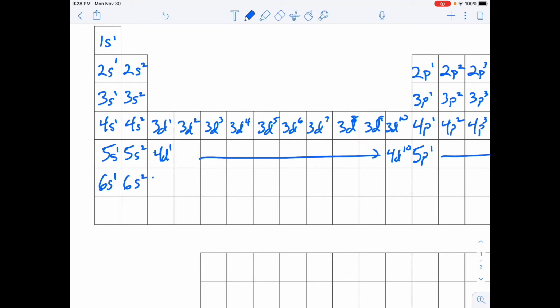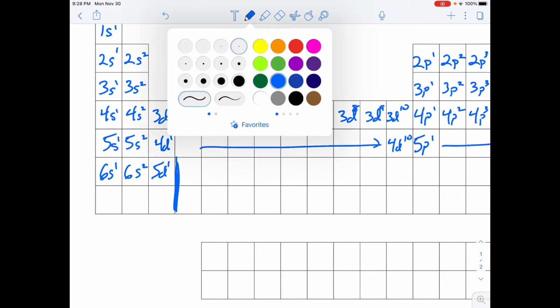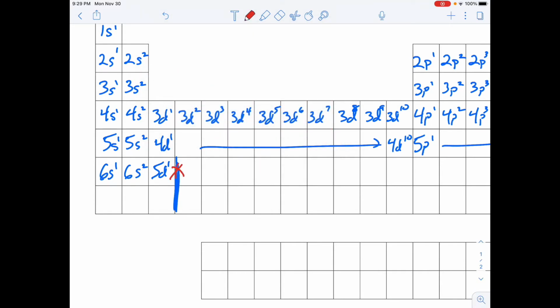And then the 5d starts, but then something peculiar happens. If you watch the periodic table, there's a break here because we jump in atomic number right here. Between this box and this box, we first take a side trip down here.